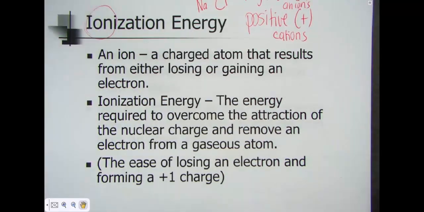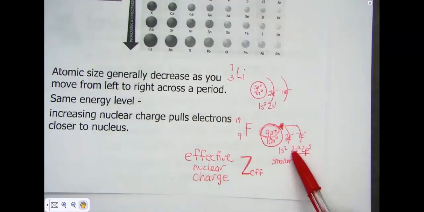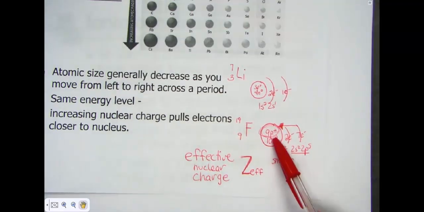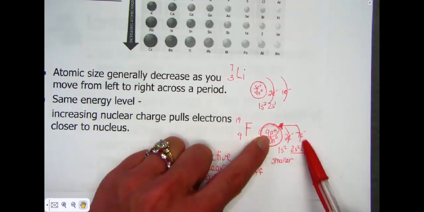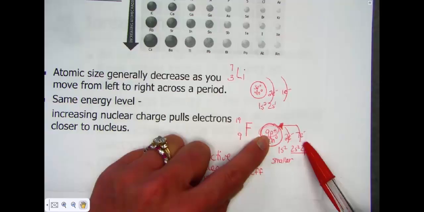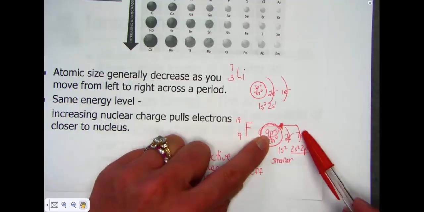Now remember, electrons are being held in place by their nucleus. Just from referring to this other picture, how likely is fluorine going to want to lose an electron? If anything, fluorine wants to gain an electron to become like a noble gas.